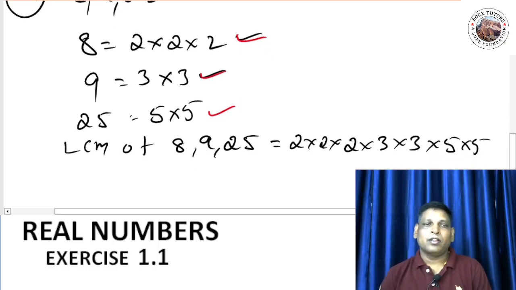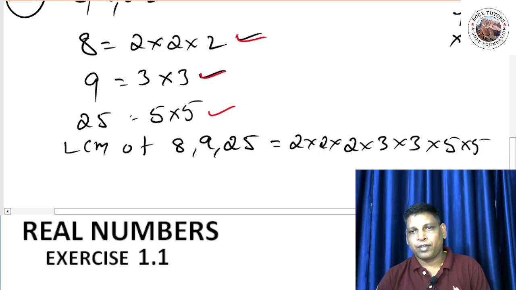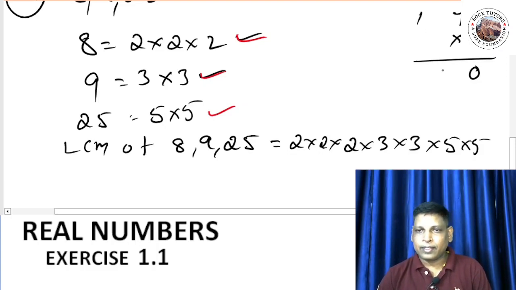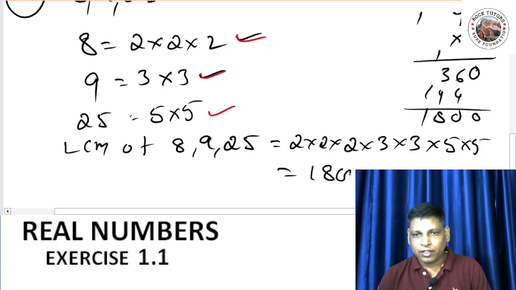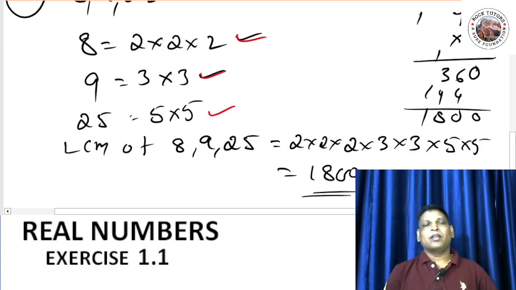Here 8 into 9 is 72, and 72 into 25 is equal to 1800. This is the LCM.